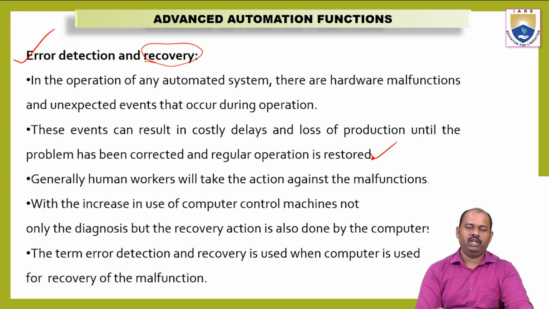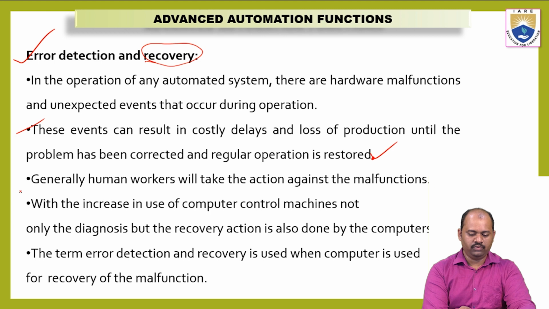So that is why we are using automation. In the place of human beings, we will use automation, and these automated machines will detect where the malfunction or the damage has happened, and give the feedback to the human being or worker who is working there.